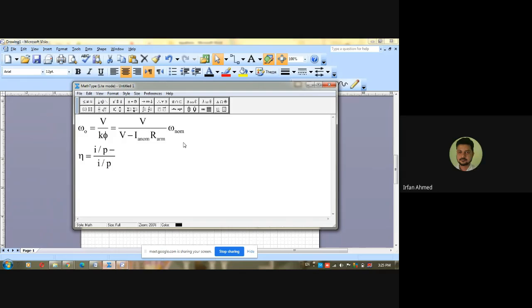We prefer to write this equation in terms of the input, because it is much easier to determine the input power of the DC motor as compared to the output power. So the output power is equal to the input power minus the losses. This becomes 1 minus losses upon input.